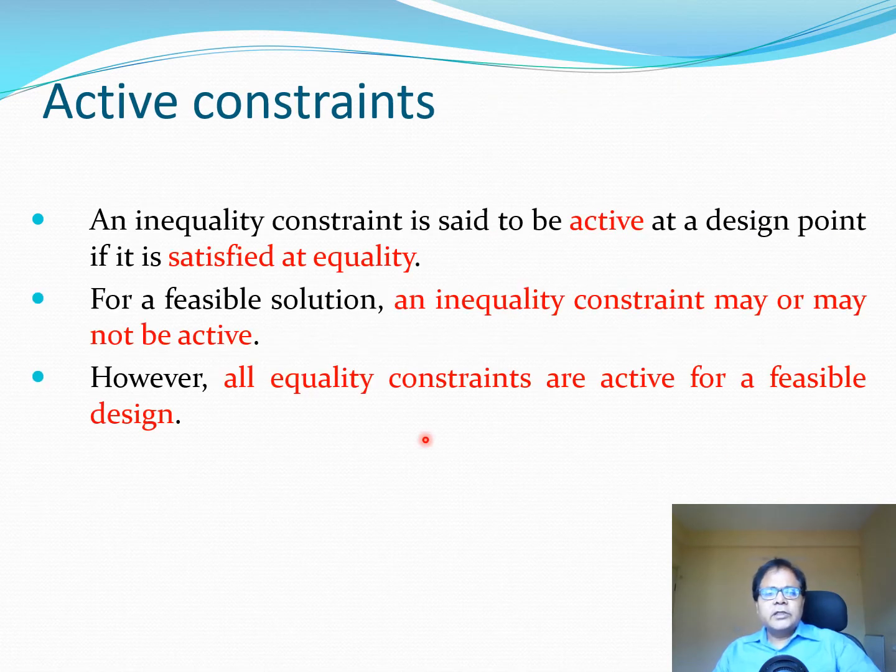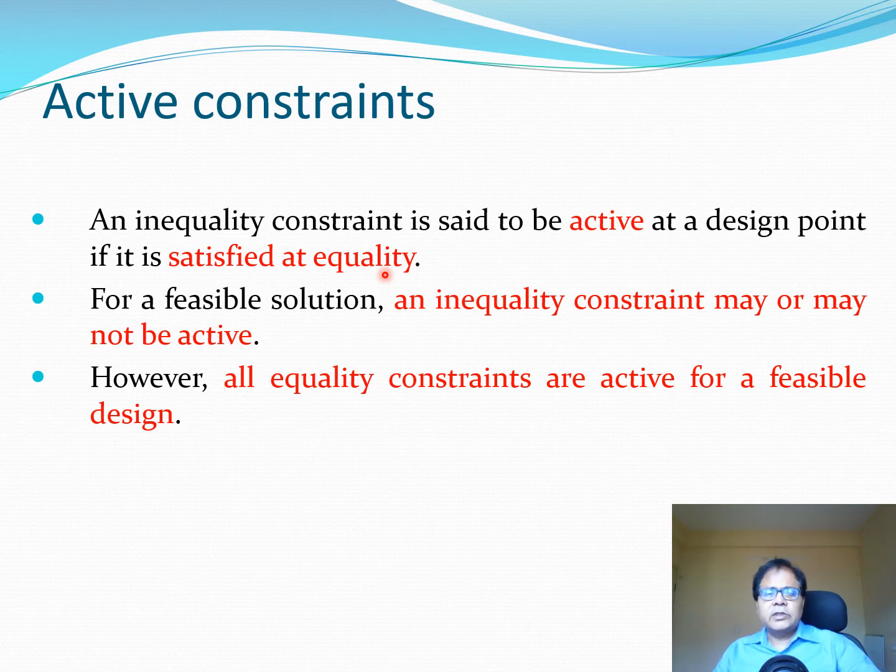Now, constraints can sometimes be active at a design point, and essentially this happens if the constraint is satisfied as an equality constraint. So here we are talking of a constraint such as g, and here instead of being less than 0, it is becoming equal to 0.